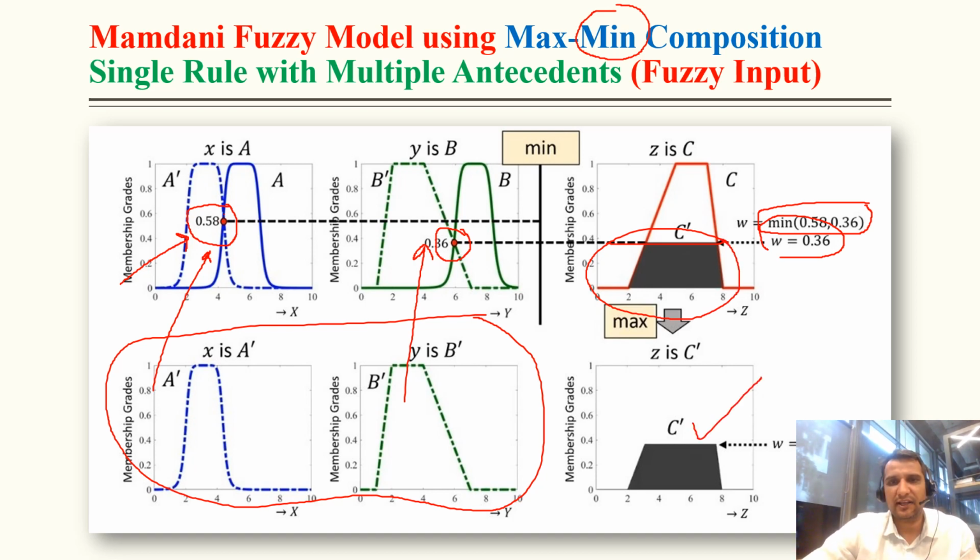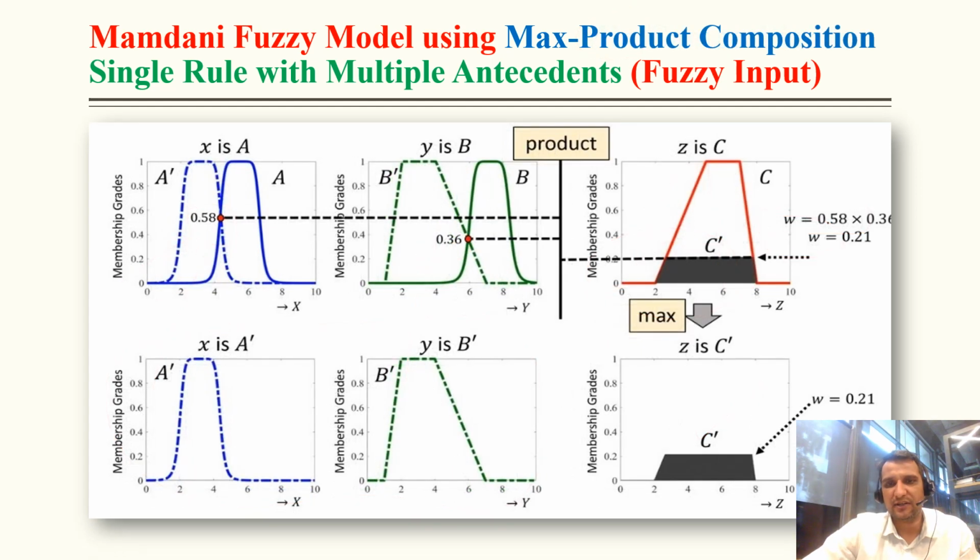Now I will explain max product. Same question, when we overlap with this one, degree of compatibility 0.58, in this case degree of compatibility 0.36. Right now we are going to multiply both of them. Okay, max product.